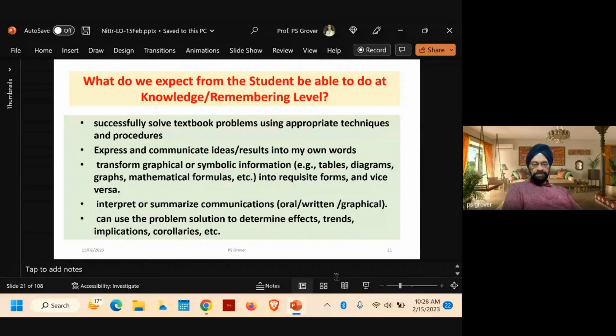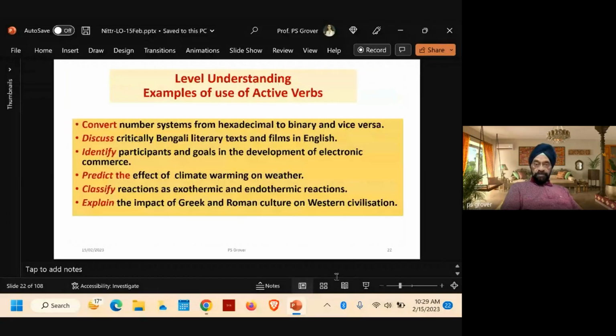And please appreciate this is what happens in the first year, second year, or at the school level. But when we go to the understanding level, then we use the verbs corresponding to the understanding level. For example, convert, discuss. Now he can convert only if he understands the number systems.